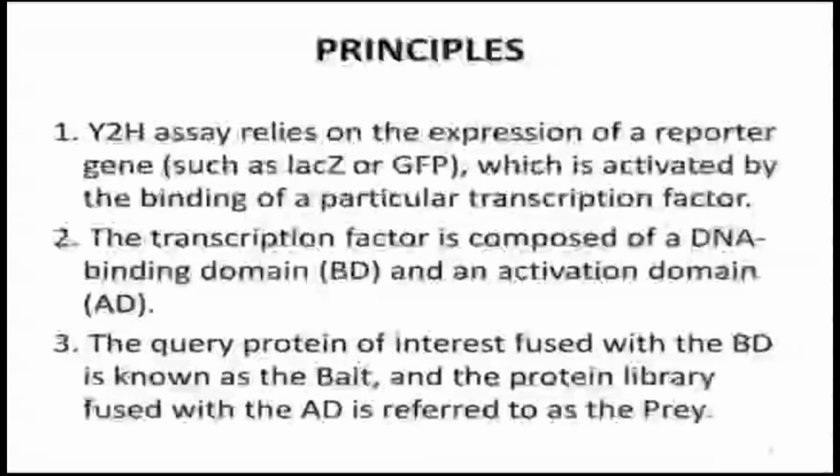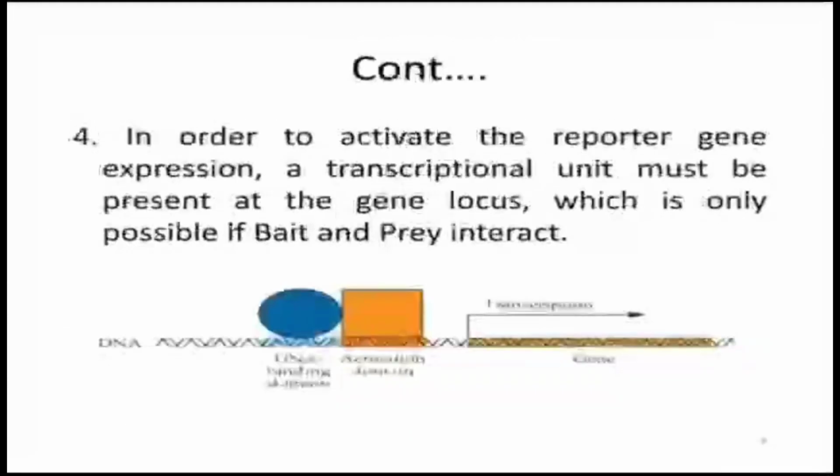Principles. The yeast two-hybrid assay relies on the expression of a reporter gene such as LacZ or GFP, which is activated by the binding of one particular transcription factor. This transcription factor is composed of a DNA binding domain and an activation domain.